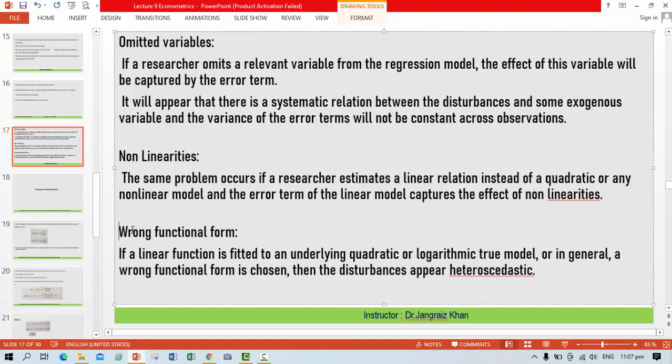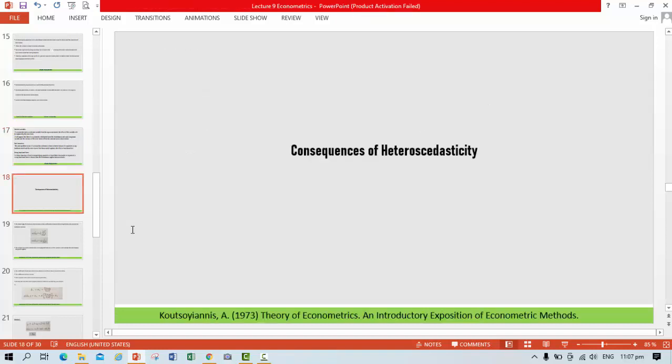Similarly, if a linear function is fitted to an underlying quadratic true model, or in general a wrong functional form is chosen, then the error term appears heteroskedastic. In simple words, if the wrong functional form is used, if you use logarithmic instead of the exponential form, or if the quadratic is used instead of logarithmic, then we can face the problem of heteroskedasticity.